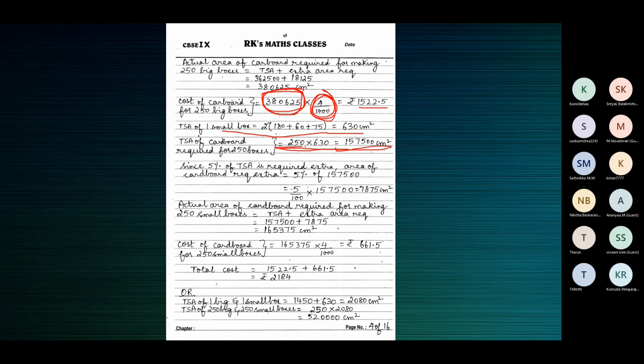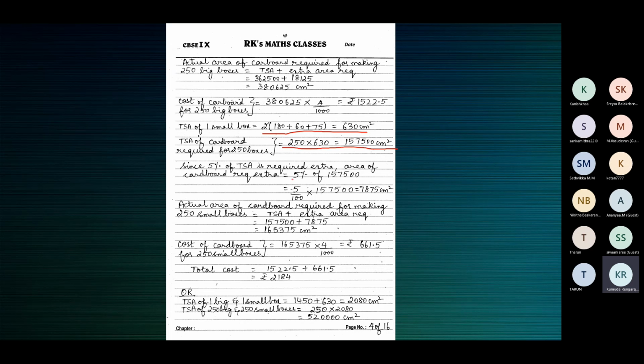This is the area of one small box. This is the area of 250 small boxes.